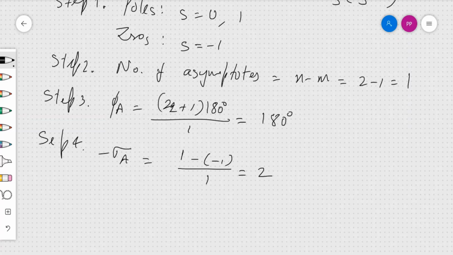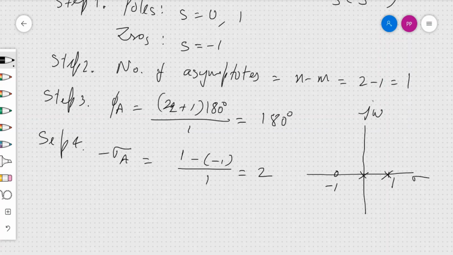So from this, let us plot it on the sigma and j omega axis. We have the poles at 0 and 1, and minus 1 is the zero. So minus 1 is the zero.